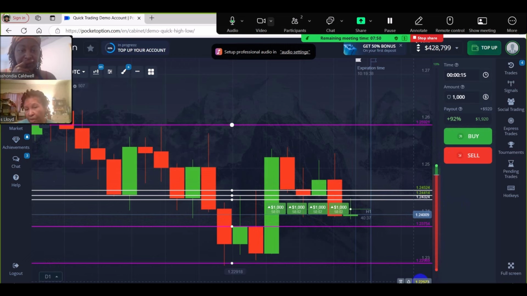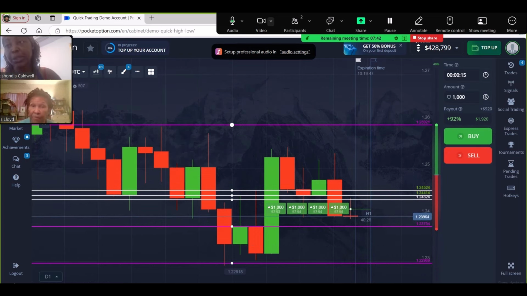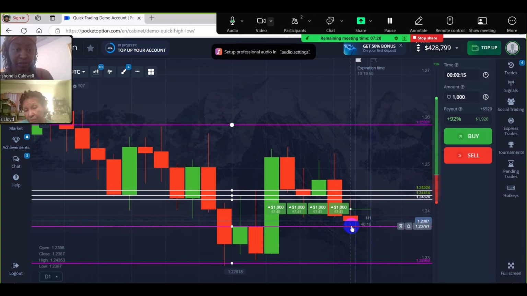When it's going up, you're gonna put in your trade because it's gonna come back down. You're gonna put in your trade for what? For sell. Because it's going up. Just like right now, see, it's trying to reach this line right here. So you get ready to put your buy in.